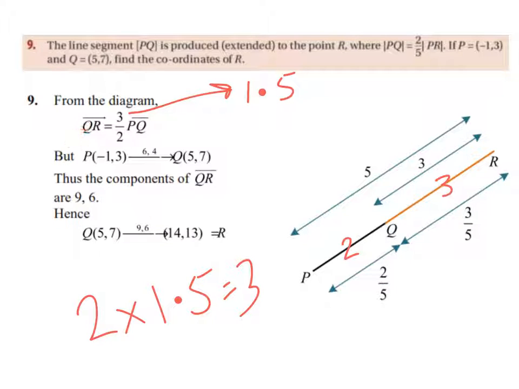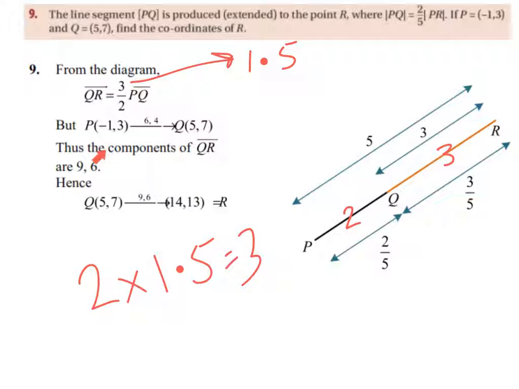So QR is 1.5, so 3/2 times PQ. And that makes sense because 1.5 times PQ, so 1.5 times 2, or 2 times 1.5, gives us QR, gives us 3. So that's where the 3/2 is coming from.